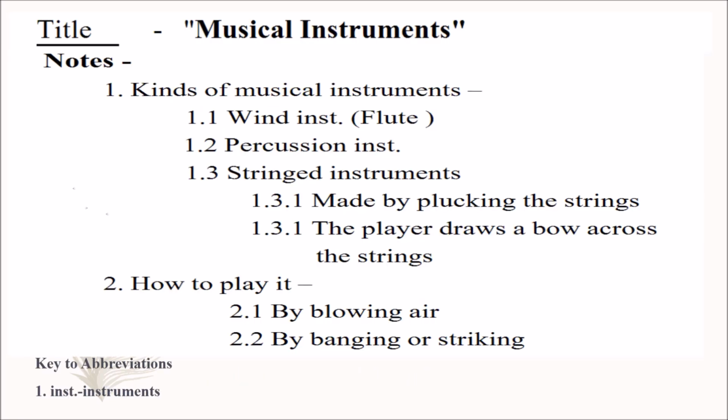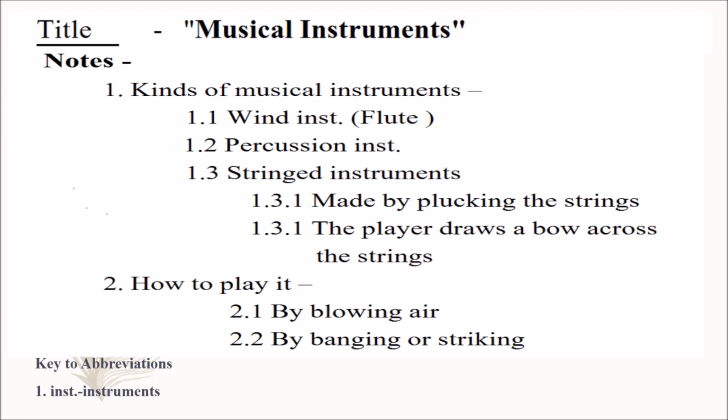Students, here is a sample note making for you. I have given the title as musical instruments. Below that, I have written the word notes. In the first paragraph, I have written the subheading as kinds of musical instruments, and below that I have written 3 points like wind inst., flute, then percussion inst., then stringed instruments.